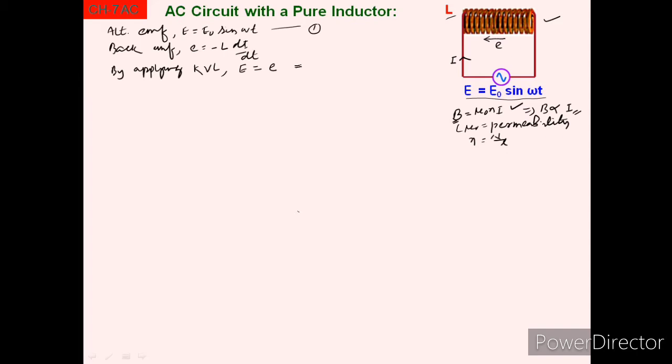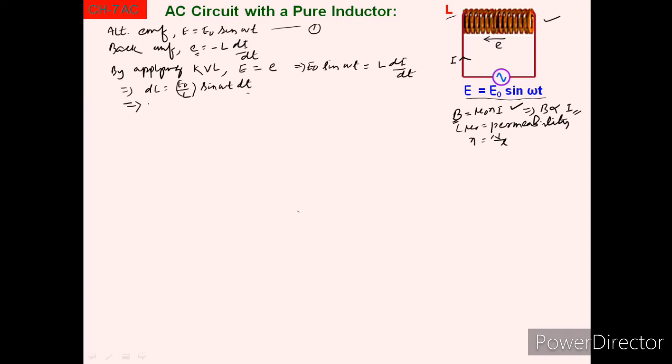So by putting in the values, E is equal to E naught sin omega t, and that will be equal to L di by dt. So we can write that di is equal to E naught divided by L sin omega t dt.